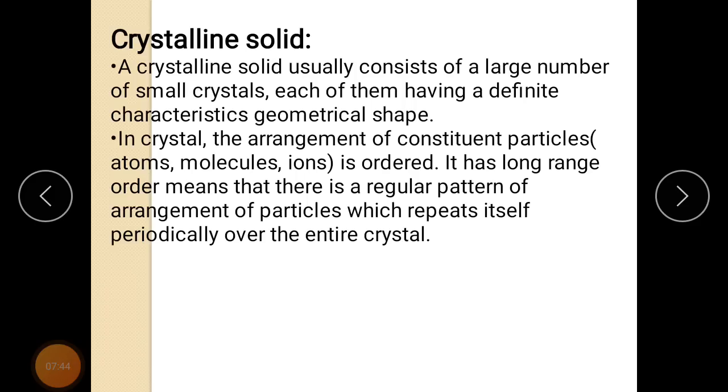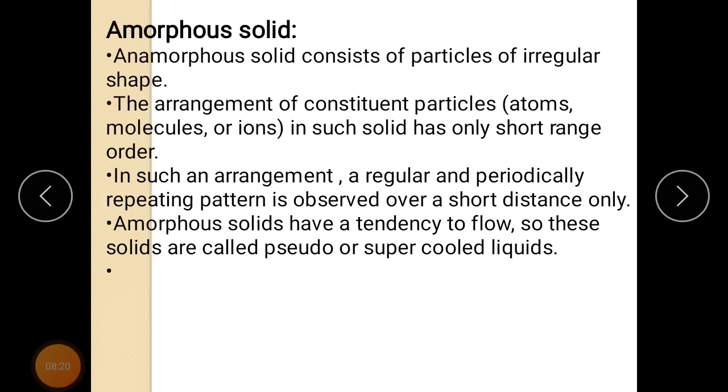In crystal, the arrangement of constituent particles is ordered. All particles are orderly arranged. They have a fixed pattern of arrangement. It has a long range order, means that there is a regular pattern of arrangement of particles which repeats itself periodically over the entire crystal. This is a crystalline solid.